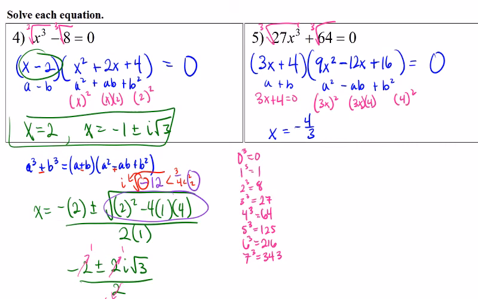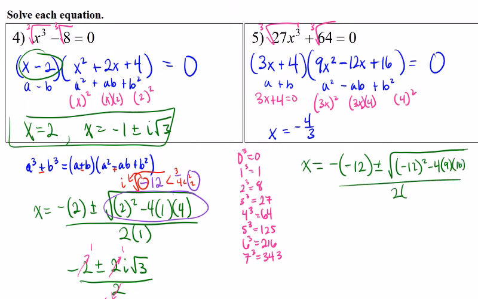Let me bring this up so we have a little more space. x equals negative b, so b is negative 12, plus or minus the square root of b squared, so it'll be negative 12 squared, minus 4 times a, which is 9, times c, which is 16, all over 2 times a, which is 9. We have a negative negative, which makes it positive. So I have positive 12 plus or minus.